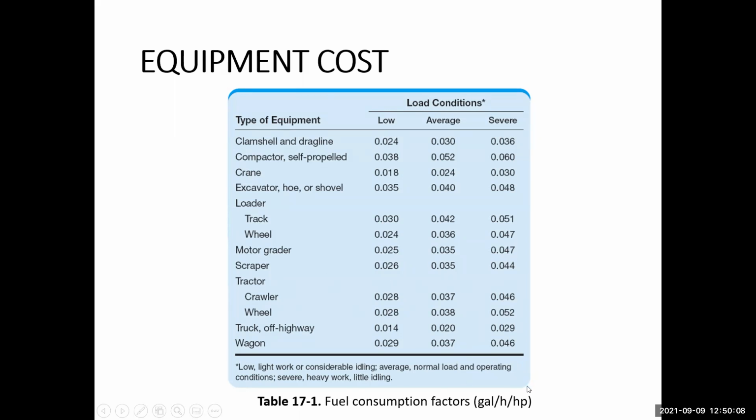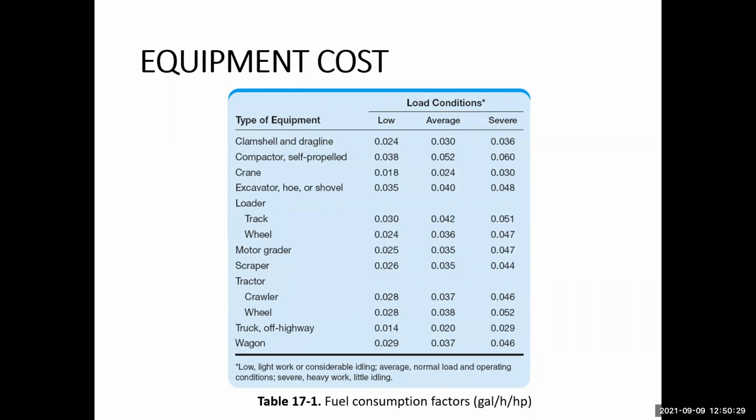So if the machine is, say, 100 horsepower, and it is a crawler, it will be 0.046. We will multiply it by the horsepower of that.